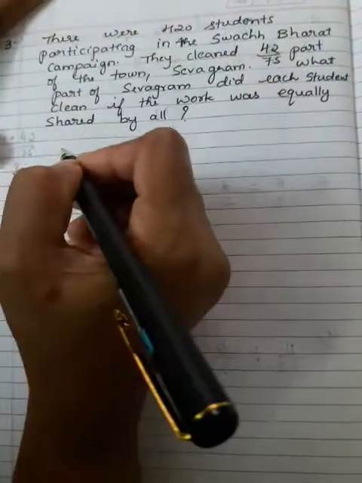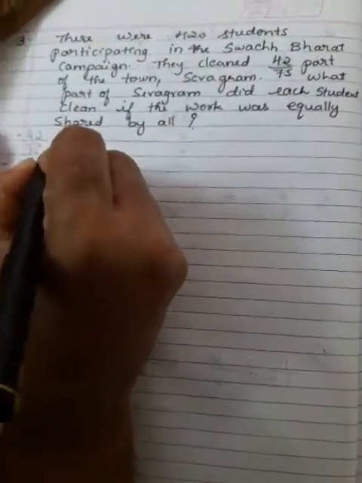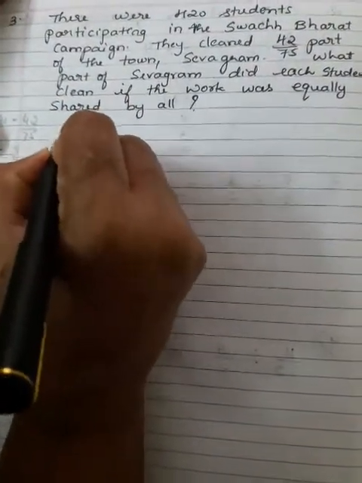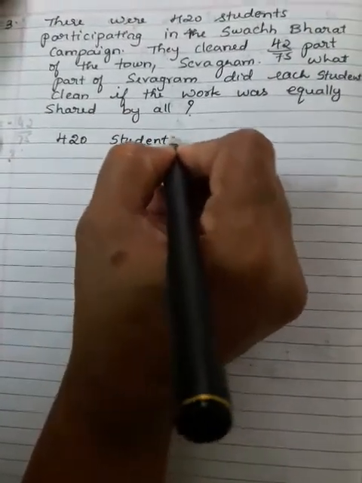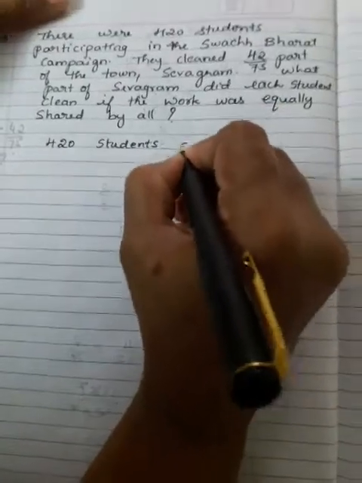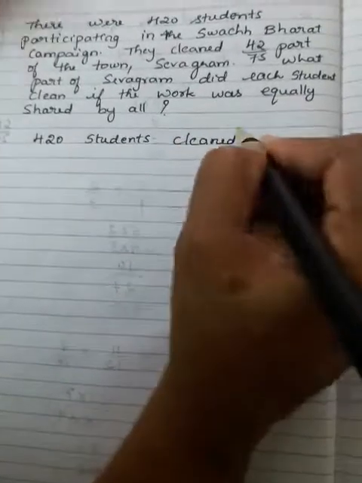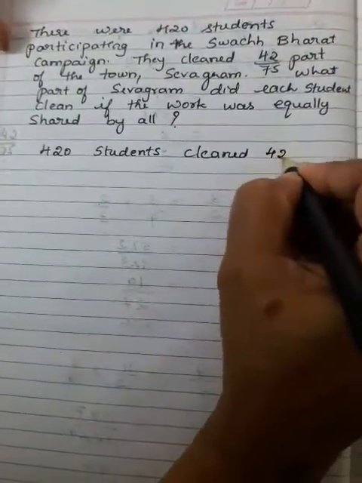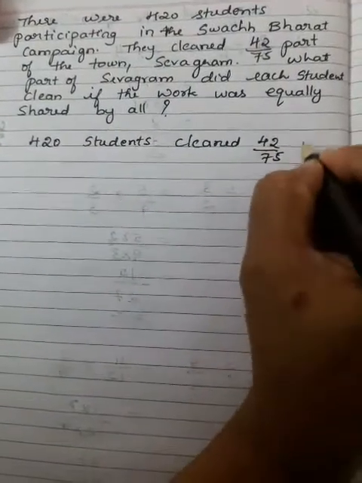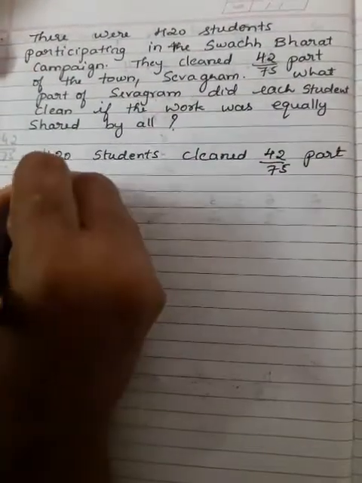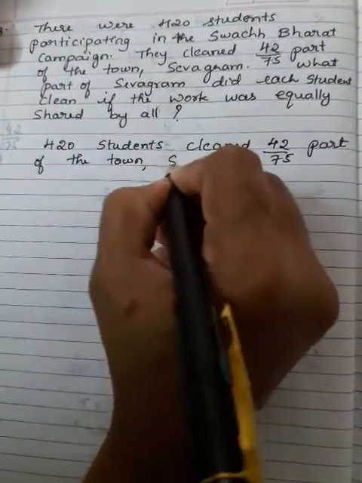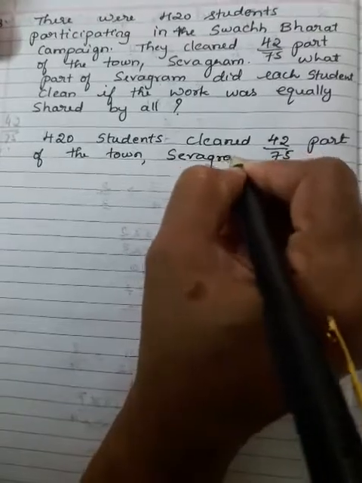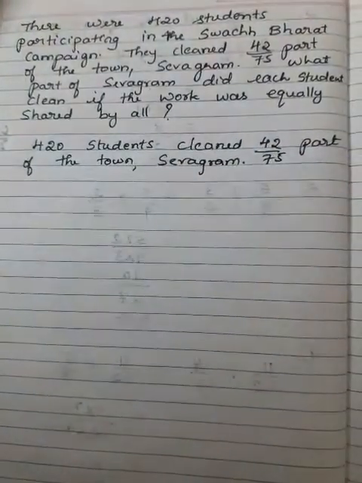So now how to write the answer? First we will write: 420 students cleaned 42 upon 75 part of the town, that is Sevagram. Correct? This is given in the question.